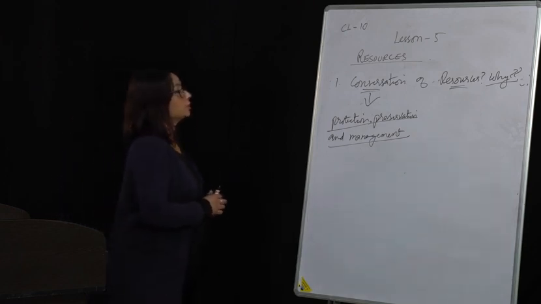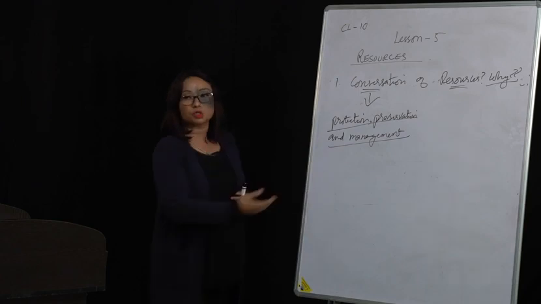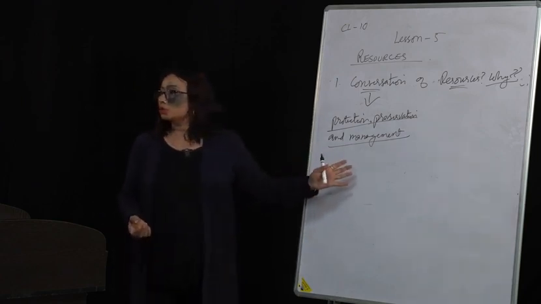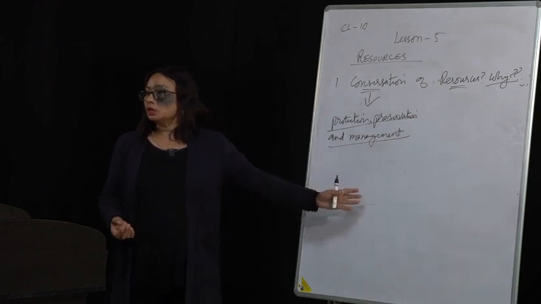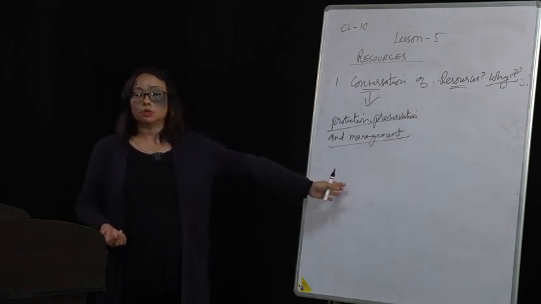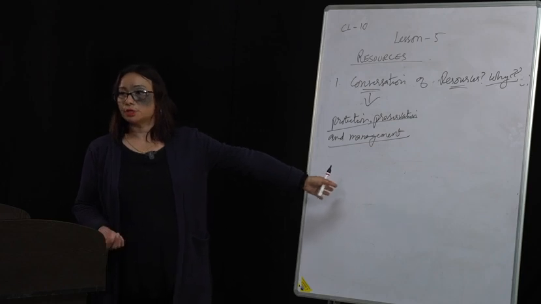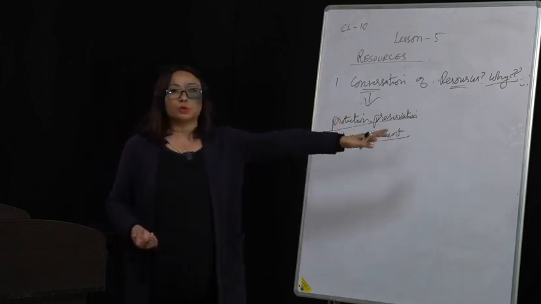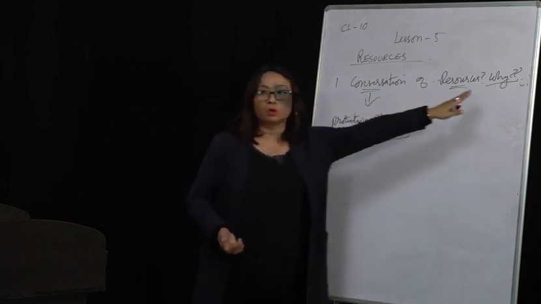So conservation means protection, preservation, and management of resources. It also means efficient use of resources and judicious and planned use of resources, keeping in mind the future availability of resources. So conservation of resources becomes important. That answers why.